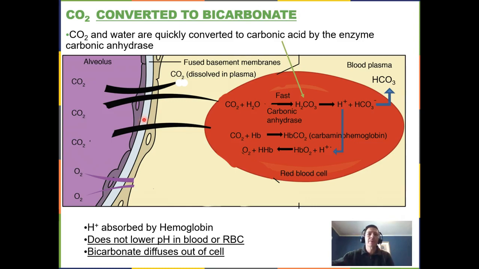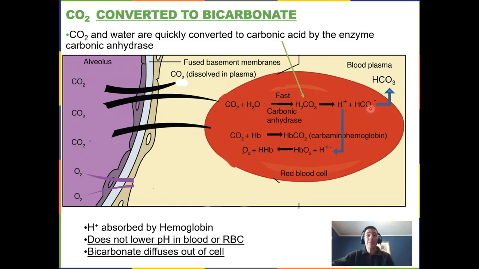So what happens when CO2 diffuses into a red blood cell? There is an enzyme in the red blood cell called carbonic anhydrase. Carbonic anhydrase is going to convert CO2 and water into carbonic acid. Carbonic acid then dissolves into hydrogen ions and bicarbonate. Right? This is why it's an acid.